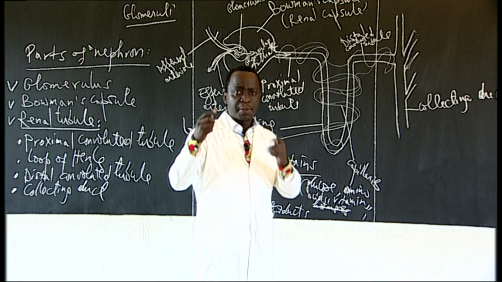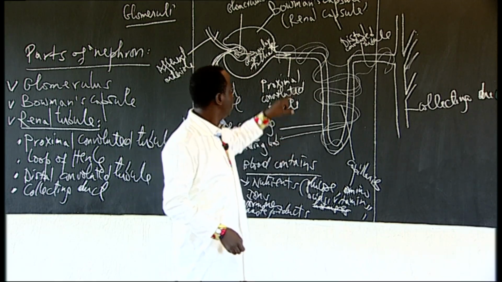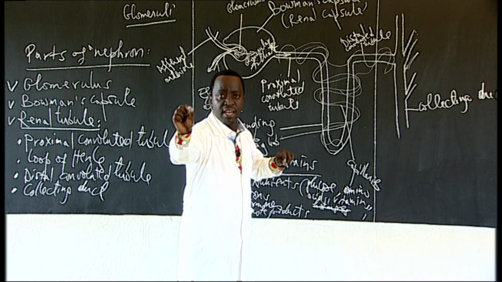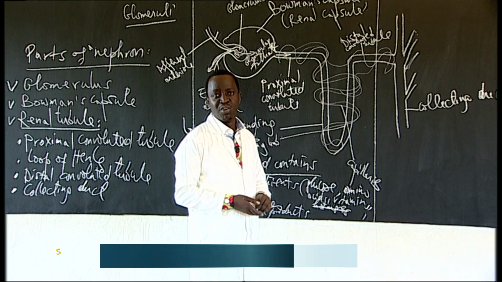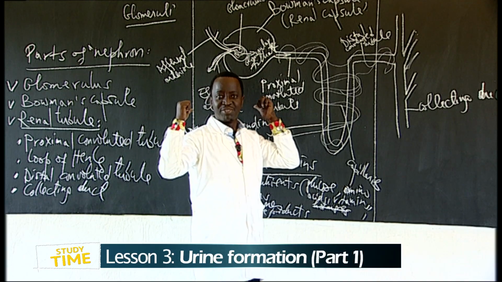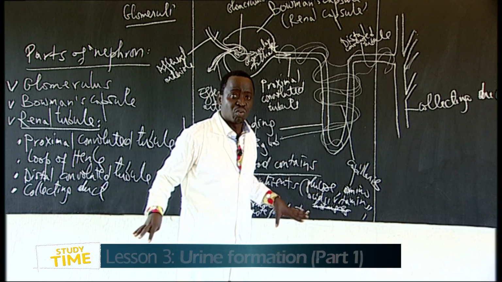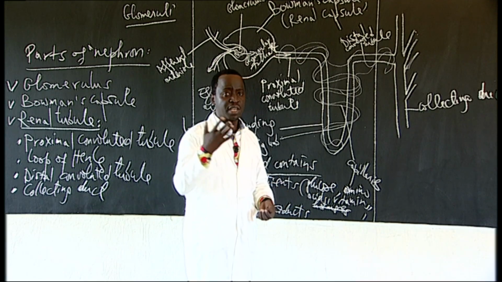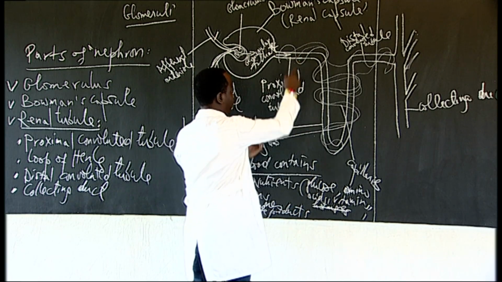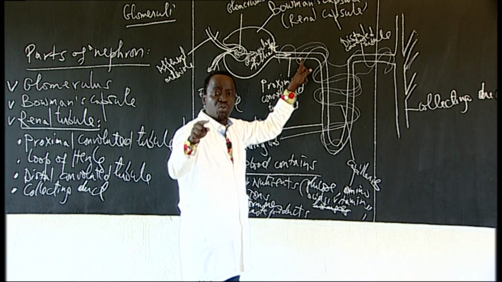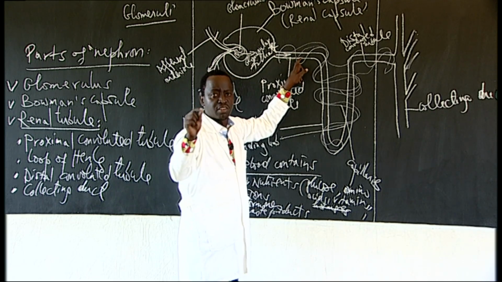So now we start the second step of urine formation, selective reabsorption, where the useful material has to go back to the blood so that it can be distributed into the other parts of the body where it is needed. So here at the proximal convoluted tubule is where most of the reabsorption takes place.